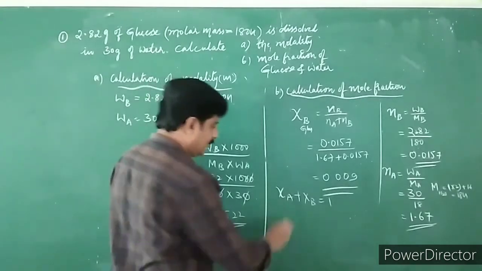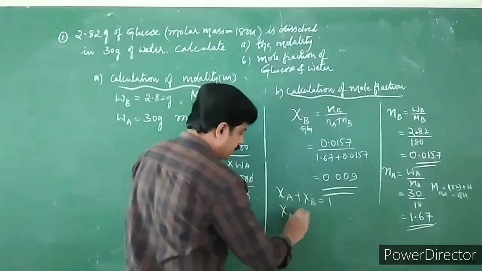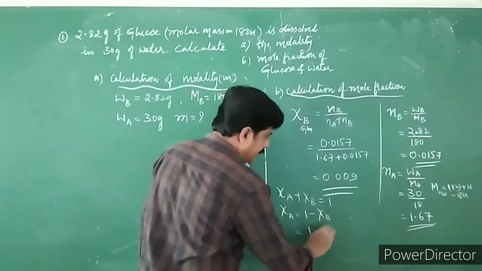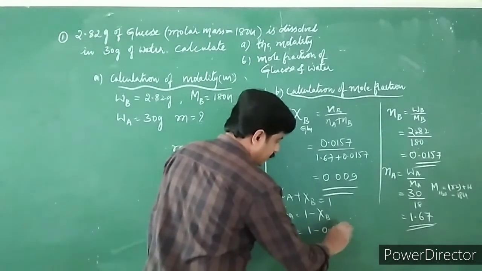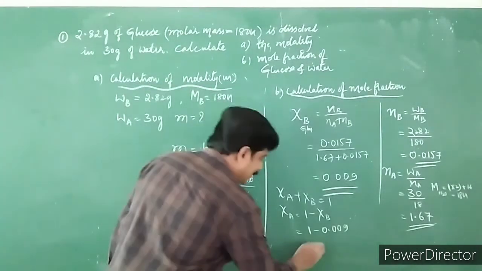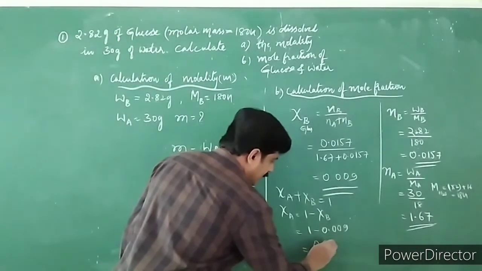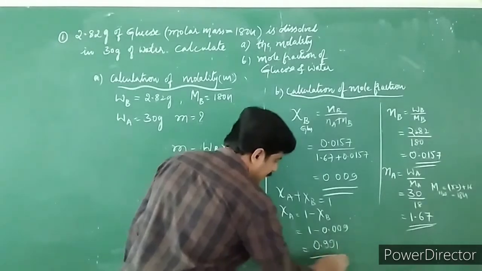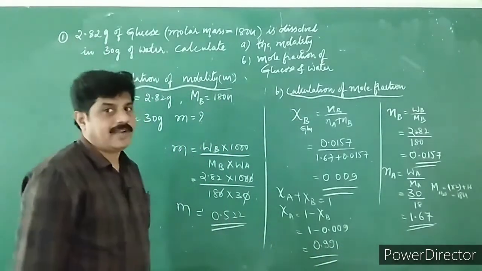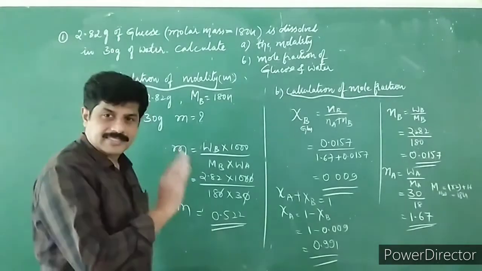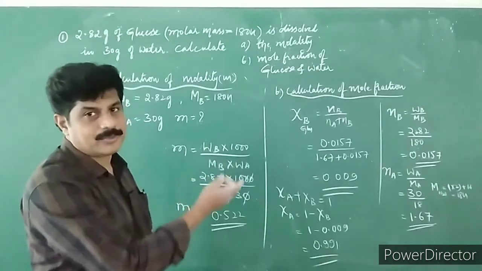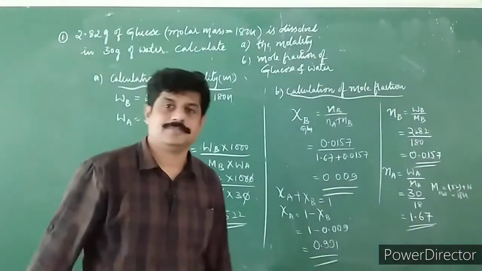Now, XA is equal to 1 minus XB, 1 minus 0.009. Then you're going to get 0.991. This is the answer for the mole fraction of water. Very simple numerical. You need to understand and you have to put the formula and substitute the value. You are going to get the answer.